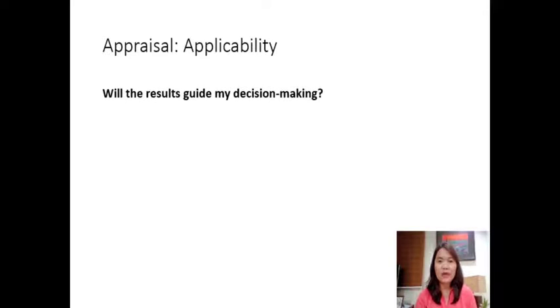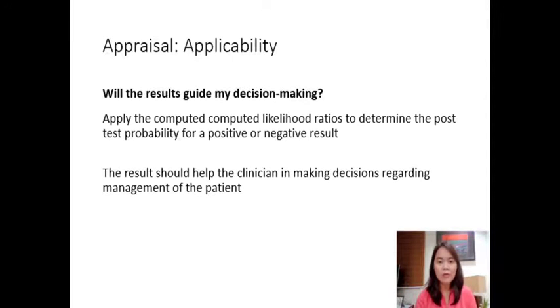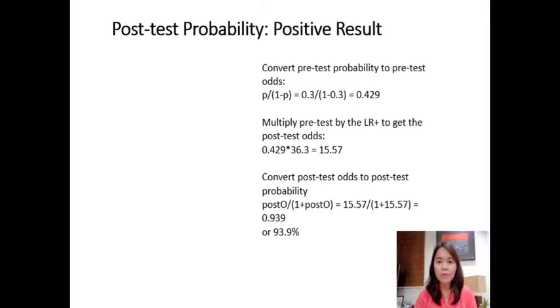Okay, now the important question now is, will the test results guide my decision making? How will you answer this now? So we must apply the computed likelihood ratios to determine the post-test probability for a positive or a negative result. The result should help the clinician, either the negative or a positive test, but ideally both, in making decisions regarding the next steps for management of the patient.